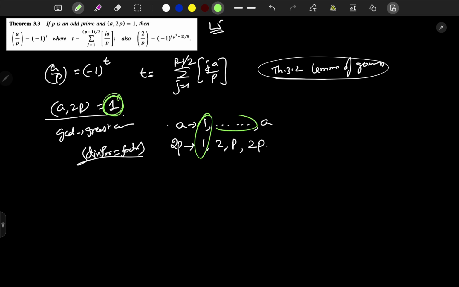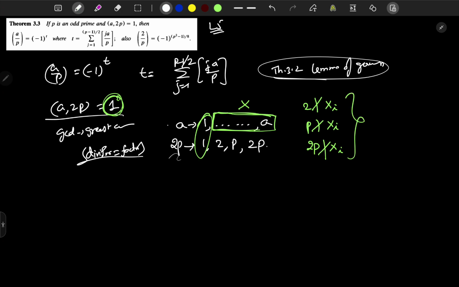That means 2 doesn't divide any of the factors of a, and p doesn't divide them, and 2p doesn't divide them either. Let's say this is a set X. These things we can derive from the given information. This is the main thing you have to observe.